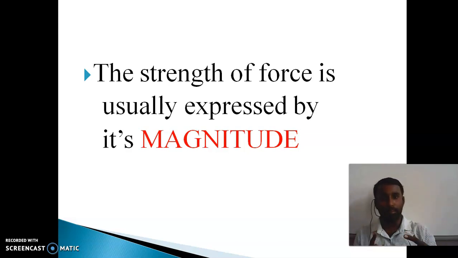The strength is expressed by a very important term, magnitude. You already heard this word. When I talked about distance, displacement, scalar, vector, can you remember? Scalar means it has only magnitude, only the numerical value. But vector means it has both direction and magnitude.